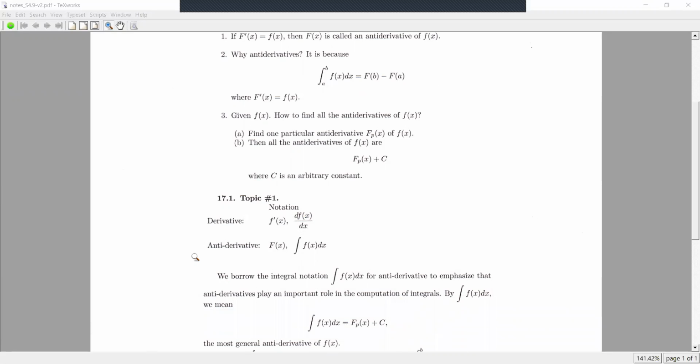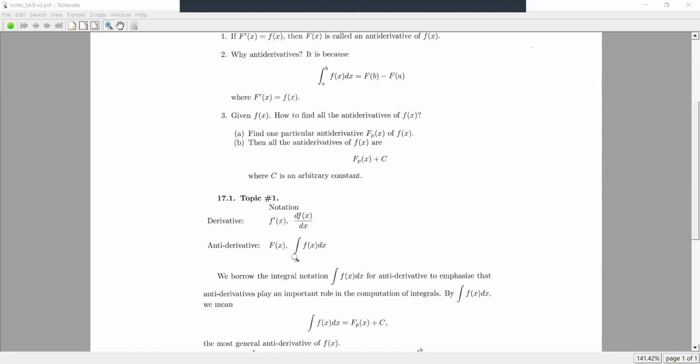For an antiderivative, the notation is either capital F or this integral notation. This notation is very close to the integral notation, but without the point A or the point B.